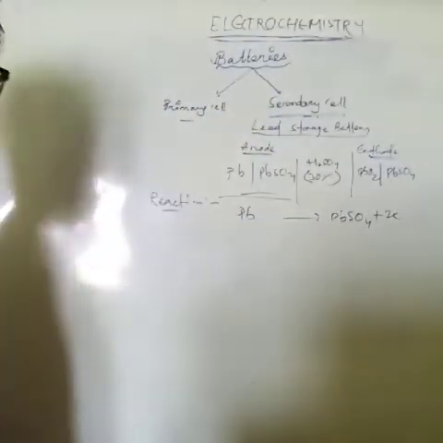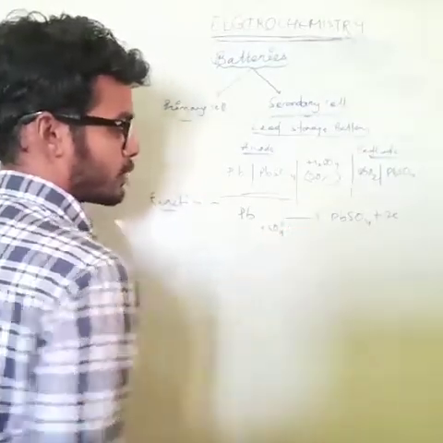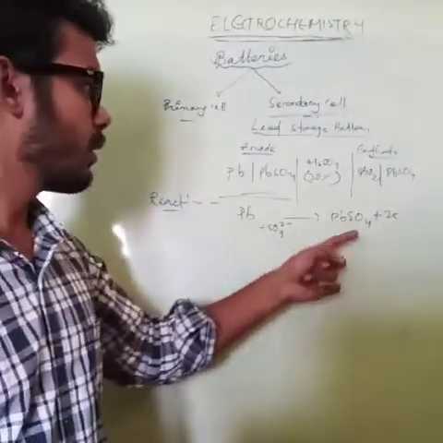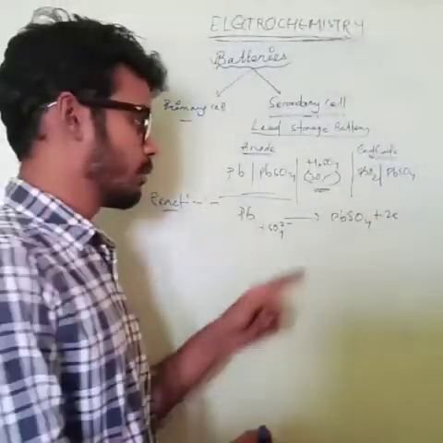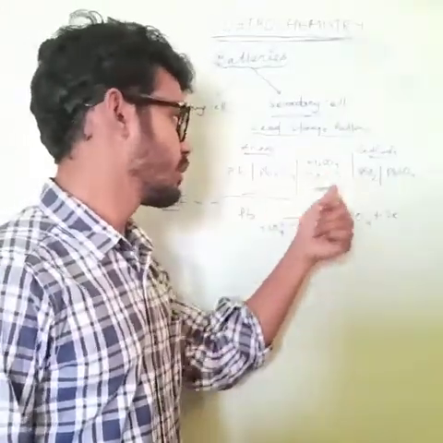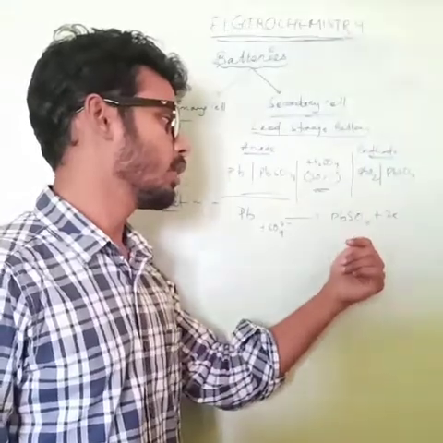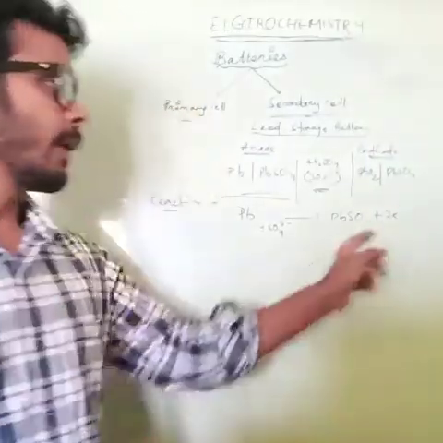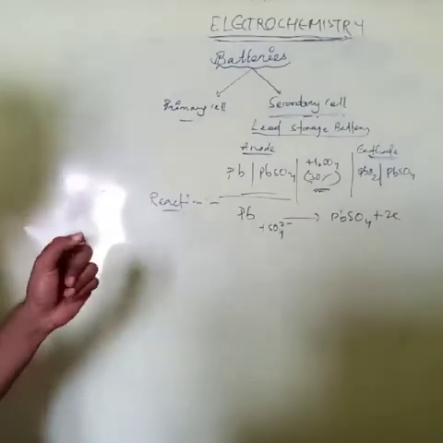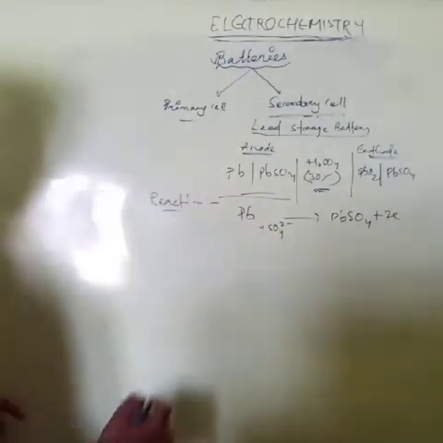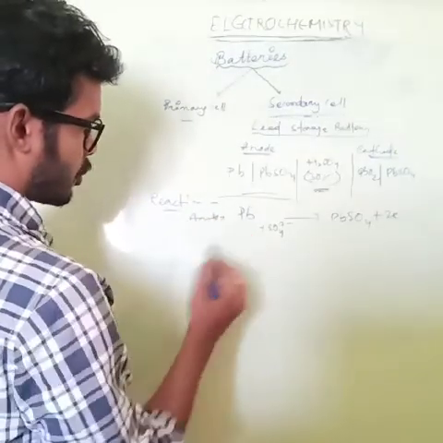And where is it getting that SO4 2 minus from? From H2SO4. From H2SO4 it takes this SO4 2 minus and converts to PbSO4 by losing 2 electrons. That is the anode, those 2 electrons.